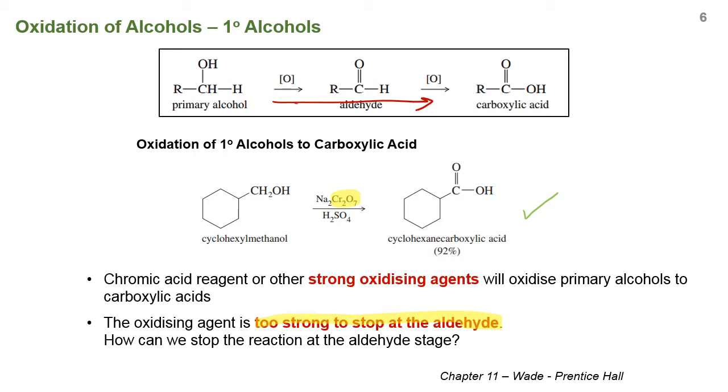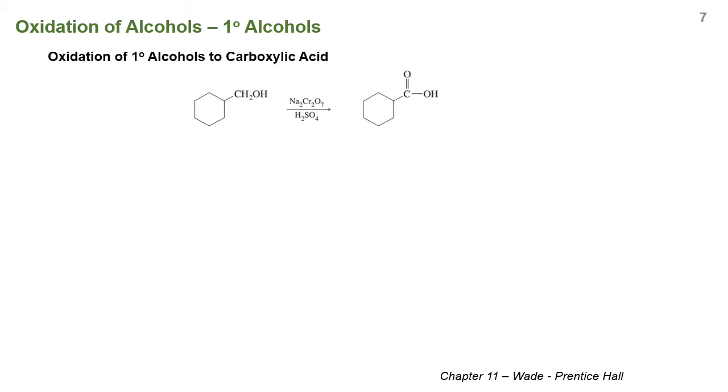But what if you want to stop at an aldehyde? In order to understand how to stop at the aldehyde, you need to first understand how the carboxylic acid is formed under these conditions. Dichromate is in equilibrium with chromic acid, and under acidic conditions you can protonate one of the hydroxyl groups to become a good leaving group.